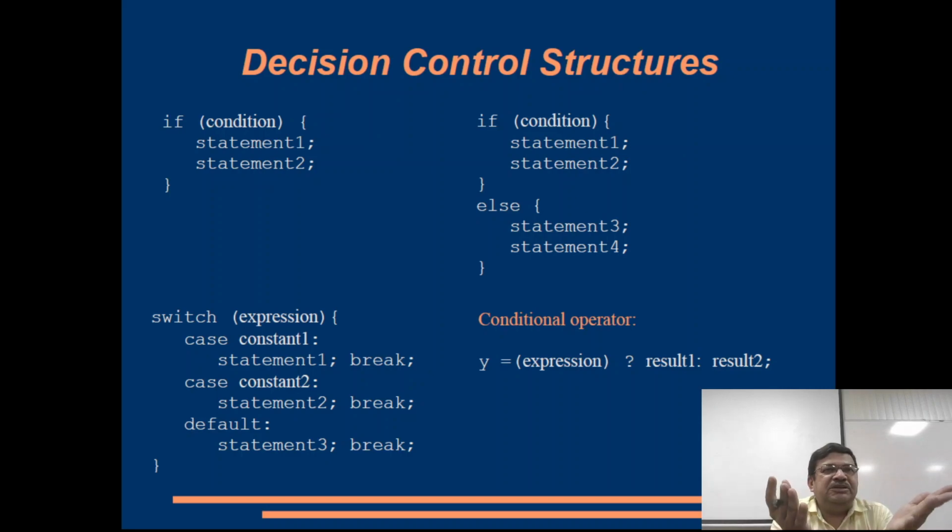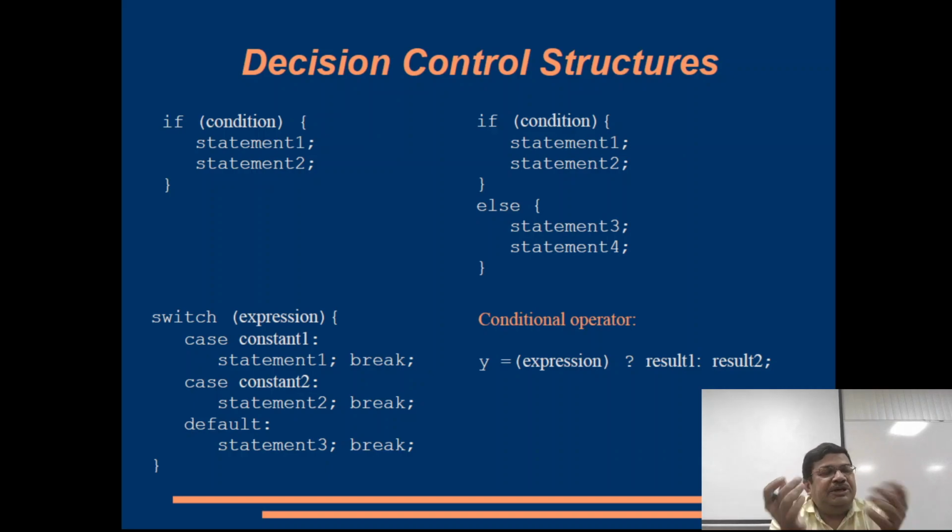Then you need decision structures. Different statements, different expressions would need to be executed for certain cases, and a different set of instructions would need to be executed for certain other conditions, right? That may crop up during the process of solution.